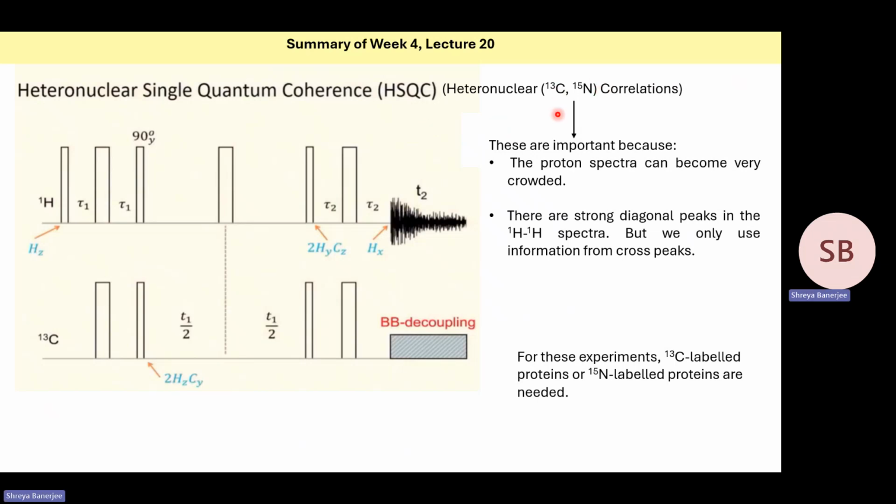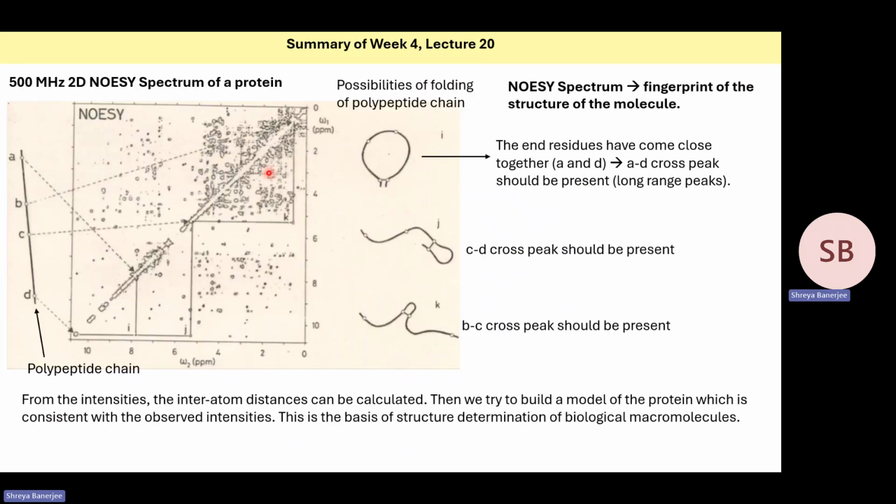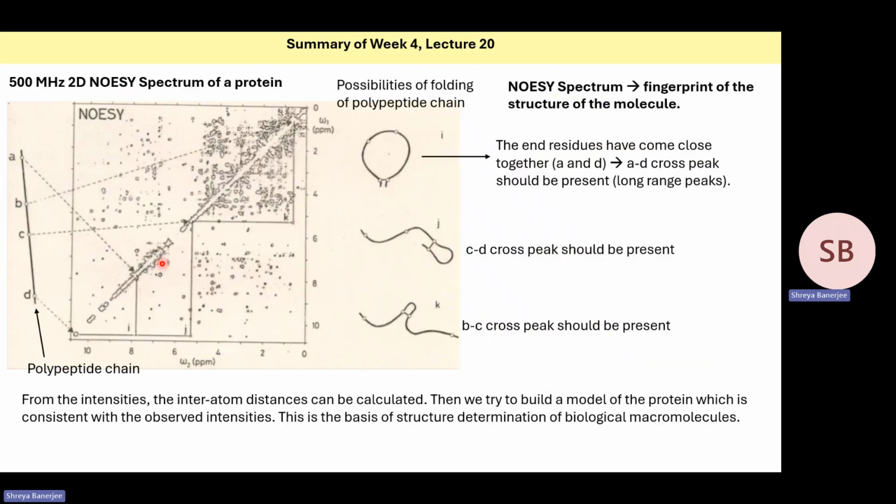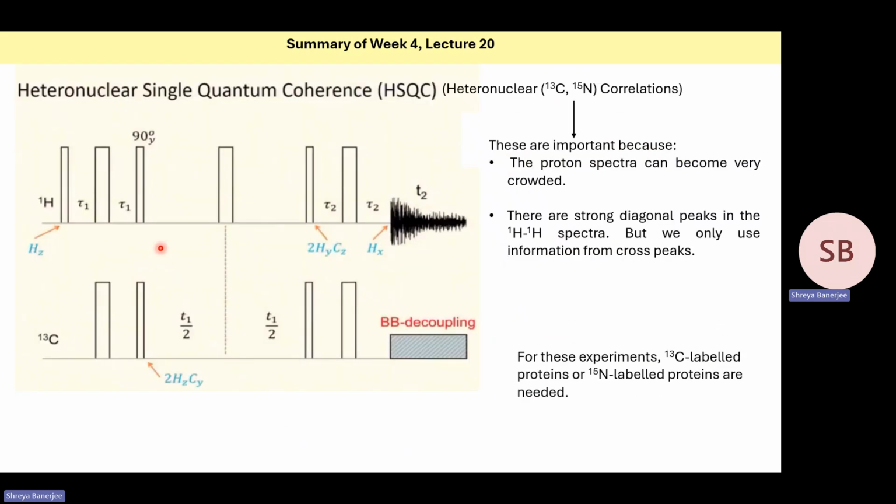This is important because the proton spectra can become extremely crowded. We have seen, look at how crowded this spectra is. Because there are so many protons in the molecule and the proton spectra can become so crowded, the heteronuclear spectra also helps us understand different correlations.